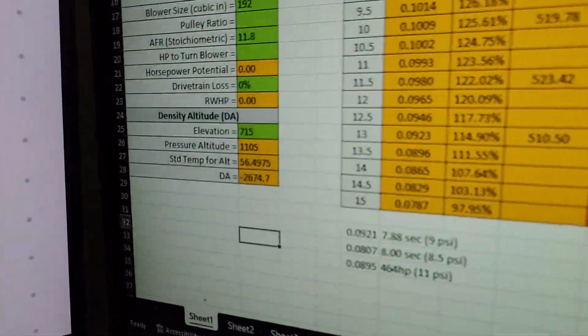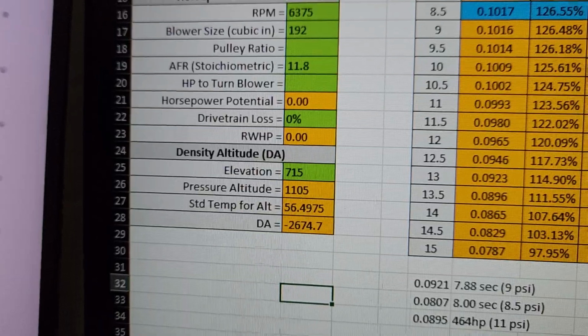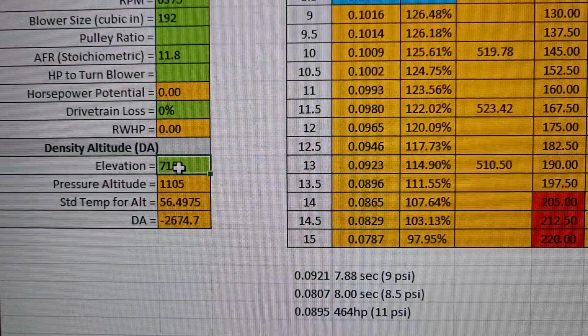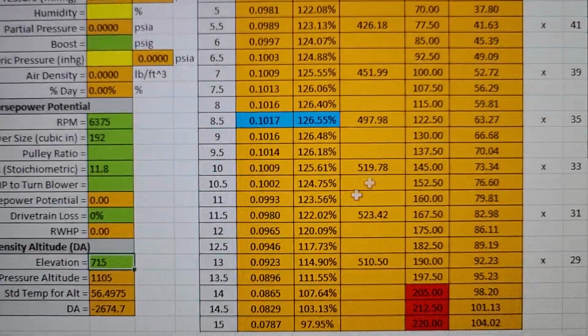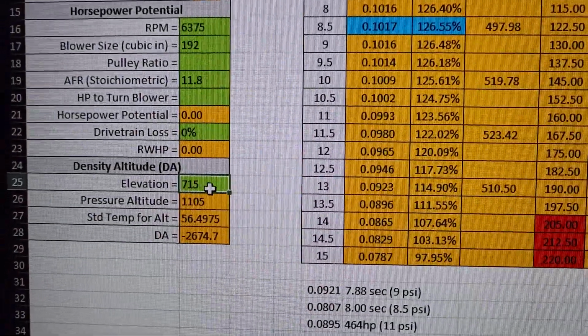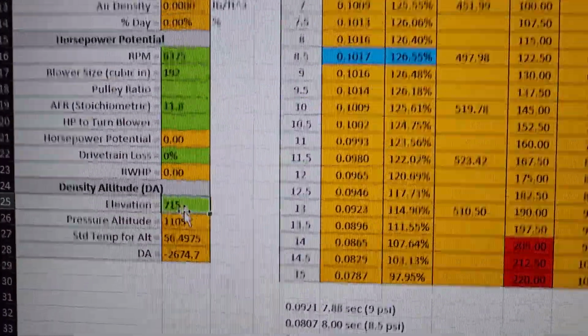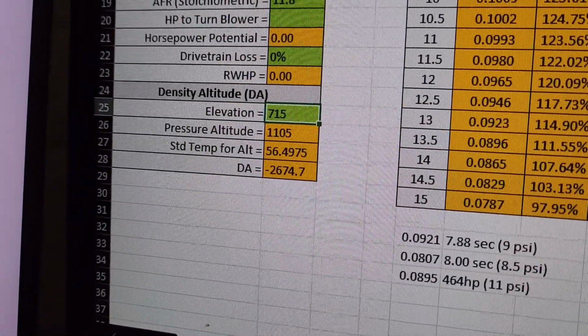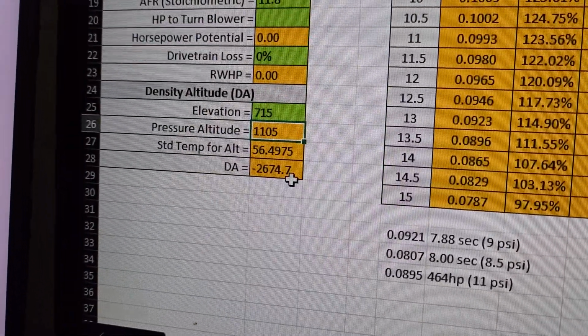And so the way this works in Excel, if you just want to see how to do it in Excel, you have your current elevation. Anything in my spreadsheets that's green is a number that you input, so there's no formula being done. It's just 715. Then the next thing is the same formula we just did for pressure altitude.